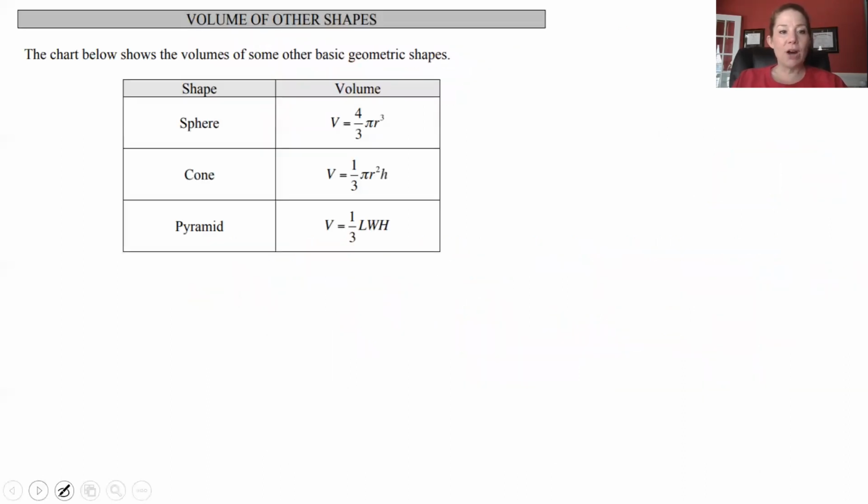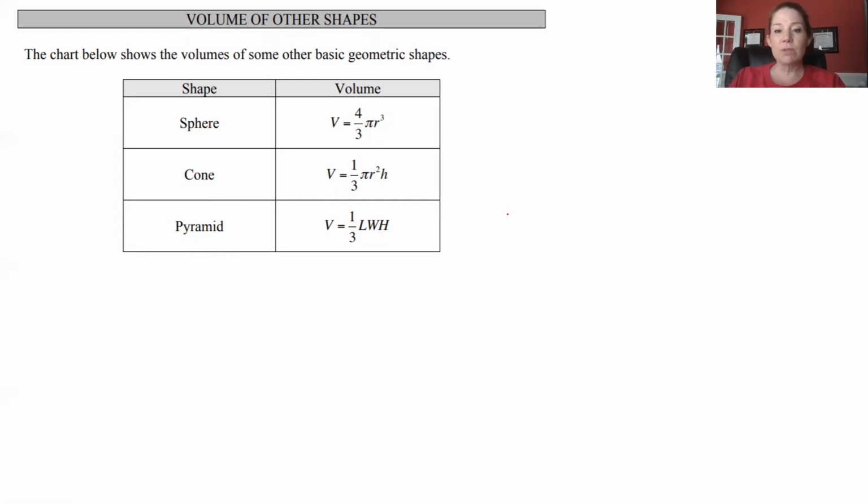All right, now we also have other types of three-dimensional figures, such as a sphere, a cone, and a pyramid. A sphere is like the earth, a cone, everybody knows an ice cream cone, and a pyramid simply means it's a figure whose sides are triangles.